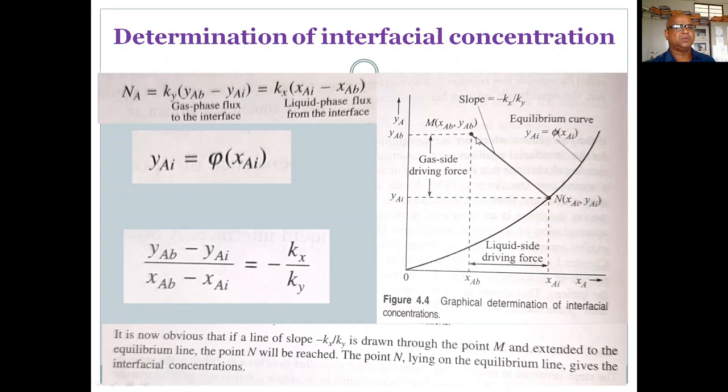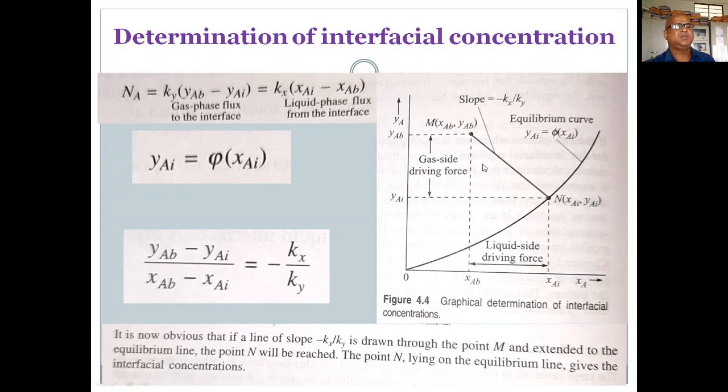If I take this slope and go straight, when I touch the equilibrium curve, that is the end point, and that will be my YAI and that will be my XAI, isn't it? So to get the interfacial concentration, because I know the interface is in equilibrium, you need the mass transfer coefficients for both the gas side and the liquid side.